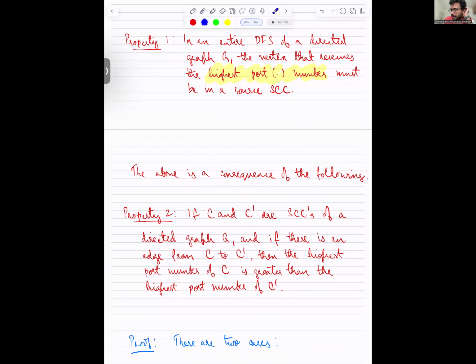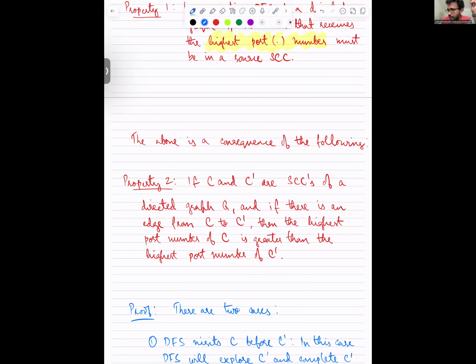It follows from the following fact: if C and C prime are two strongly connected components, and there is an edge from C to C prime, then the highest post number of C is greater than the highest post number of C prime. So what I'm saying is, if these are two SCCs, and there is at least one edge, maybe there could be more, then the highest post number in C is greater than the highest post number in C prime.